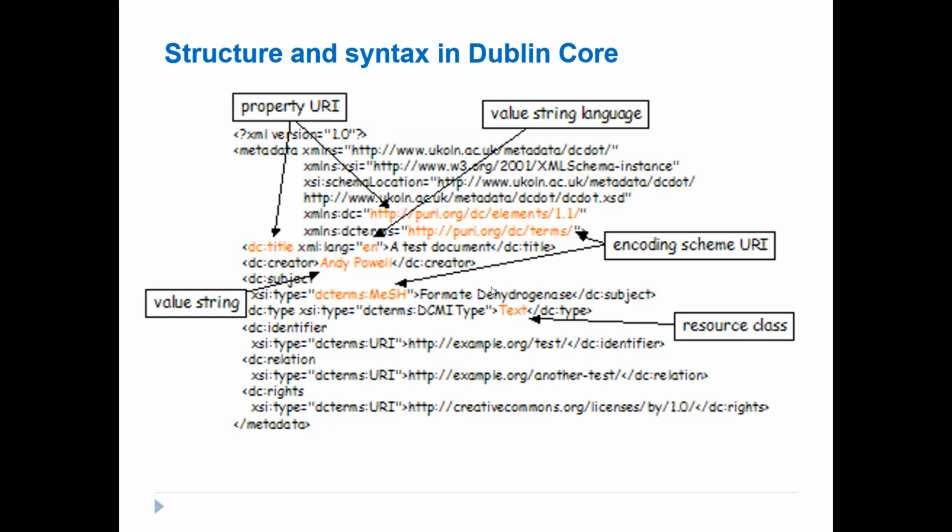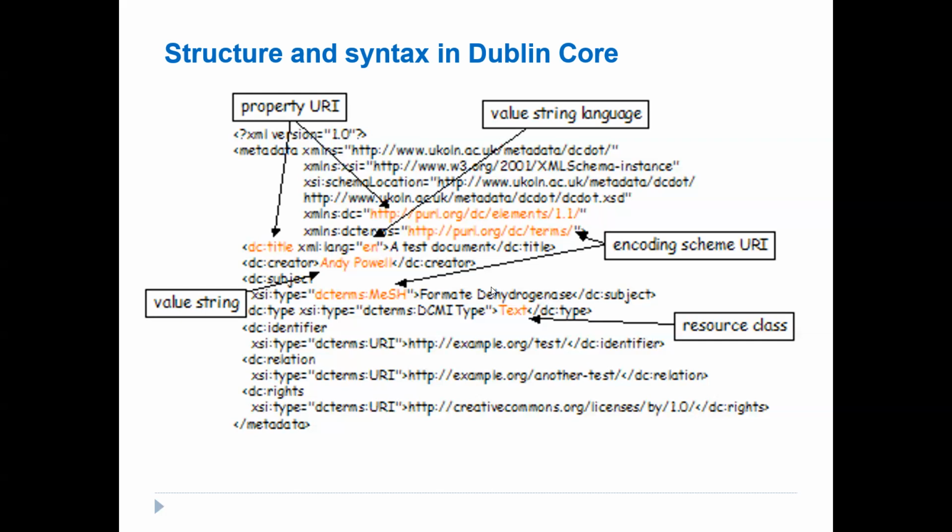So in this case, we are telling it where it can go for the actual schema. And then we're going to tell it where to go directly for the element set. So we're going to tell it to go to Dublin Core, to the element set that's Dublin Core 1.1, and we give it the link to go directly to that.